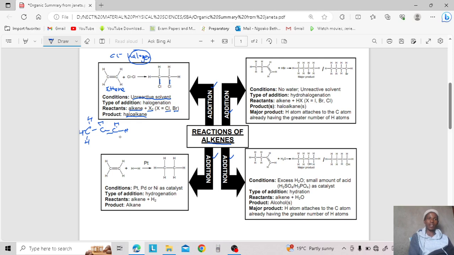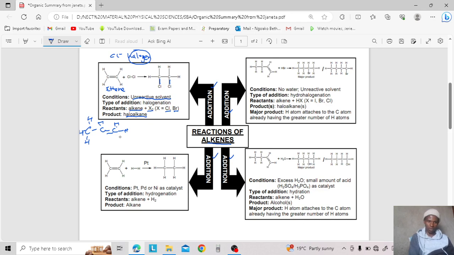Haloalkane means an alkane, because it breaks the double bond to a single bond, that's why we call it an alkane. Then halo refers to the halogens. So halogens here, that's why the product will be a haloalkane. The name, of course, we can have something like chloroethane. We'll get to the naming later, but this is what is happening.